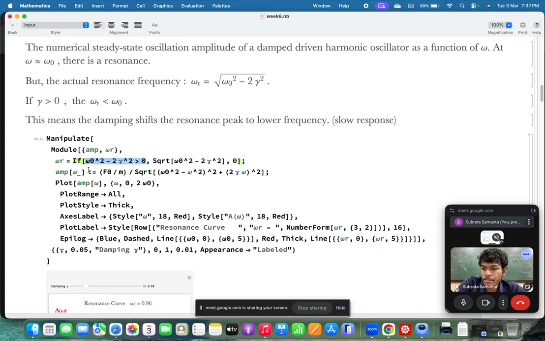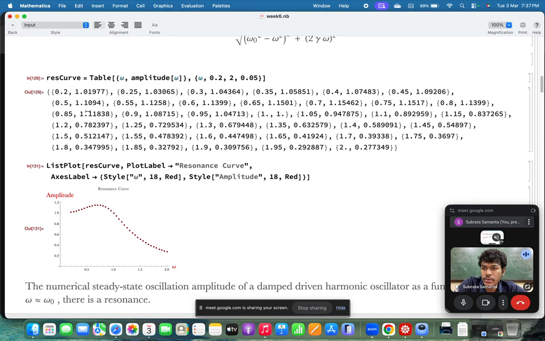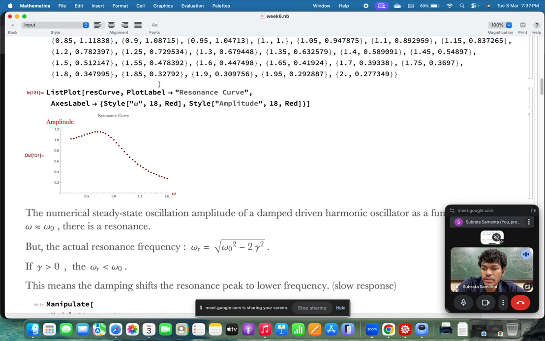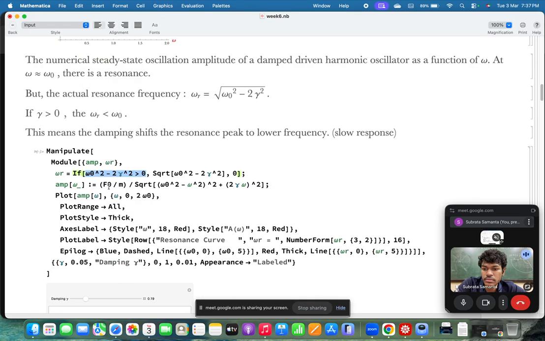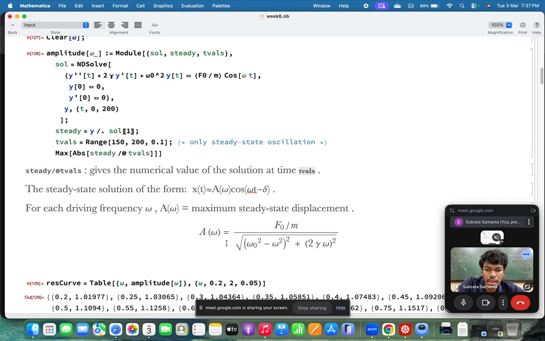And then you calculate the amplitude, again using the same form. I have calculated the amplitude just by putting in this analytical formula.